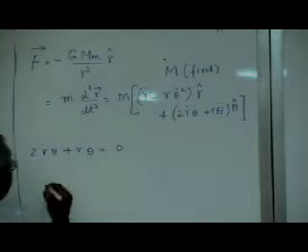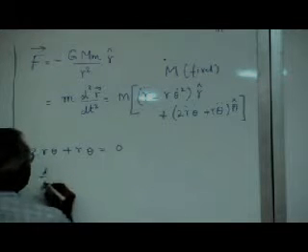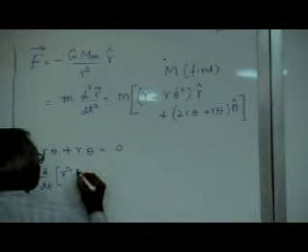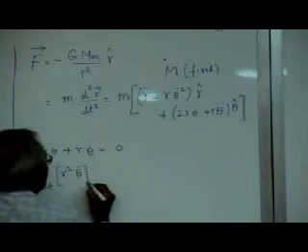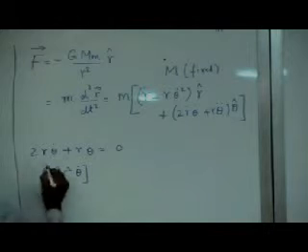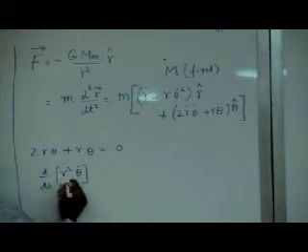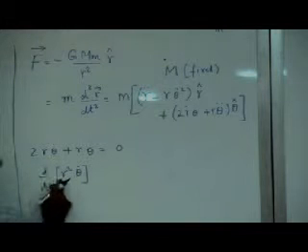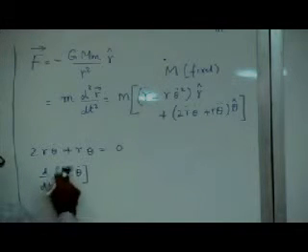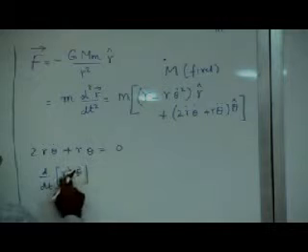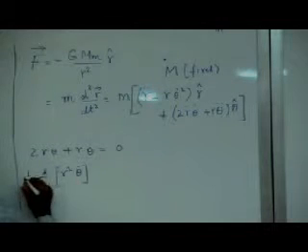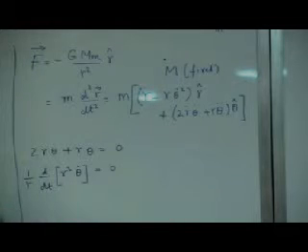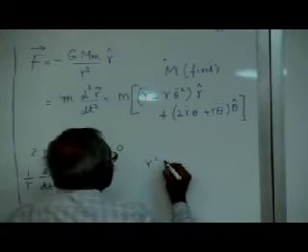This of course can be written as 1 by r times d dt of r squared theta dot. Apart from the factor of 1 by r, when I differentiate this, I will get 2 r r dot theta dot plus r squared theta double dot. So this is just, see, which means r squared theta dot.